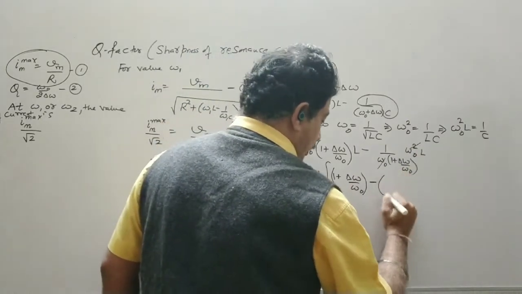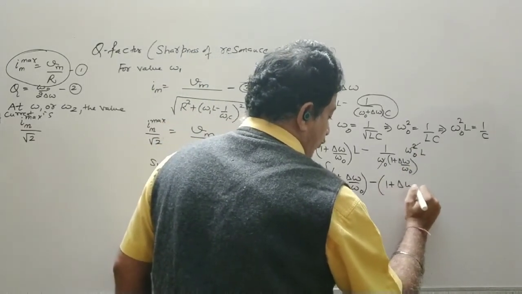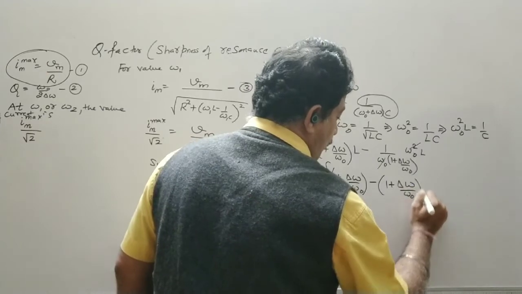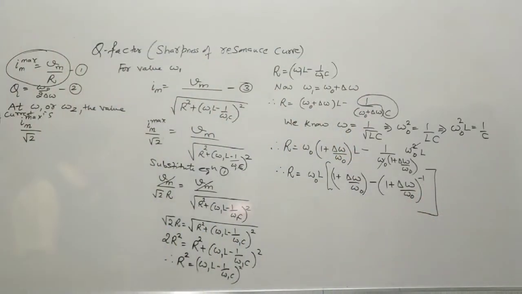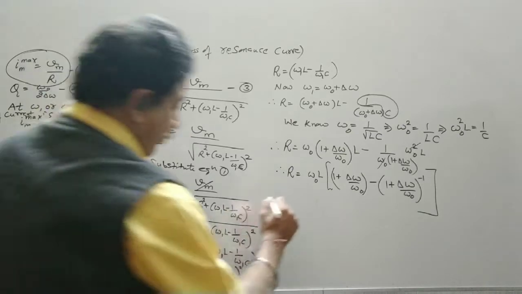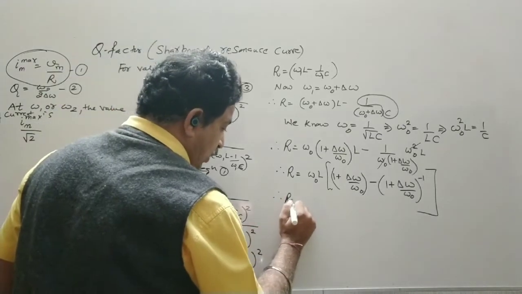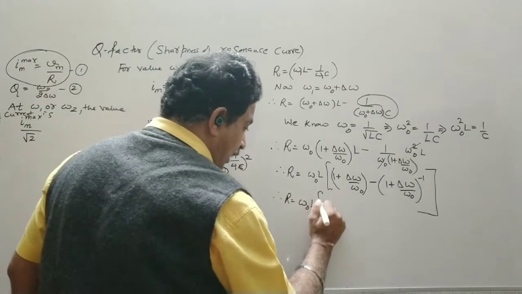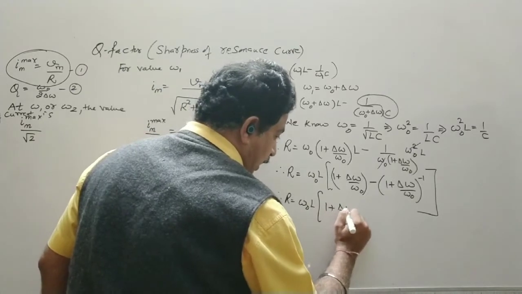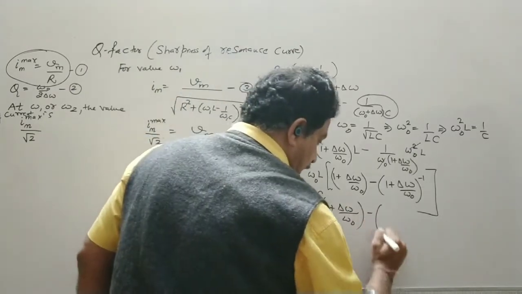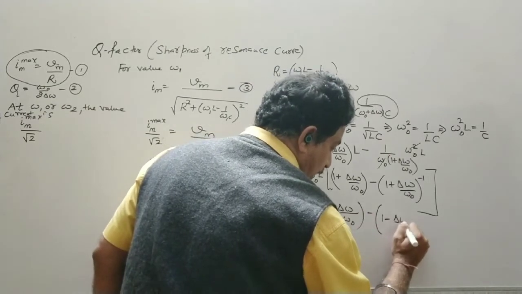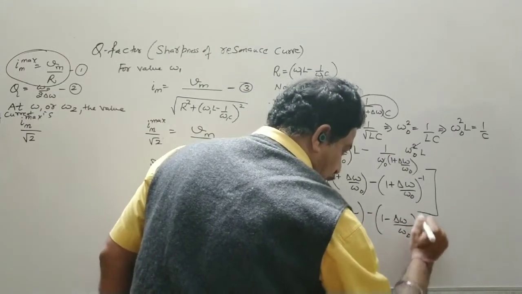Now we write this term as 1 plus delta omega upon omega naught raised to minus 1. This is simple mathematical calculation. Therefore, R is equal to omega naught L into 1 plus delta omega upon omega naught, and this can be written as 1 minus delta omega upon omega naught.